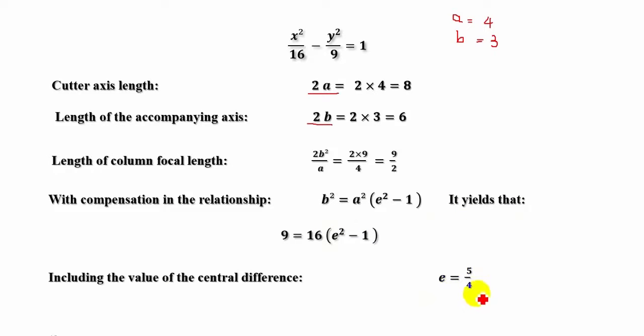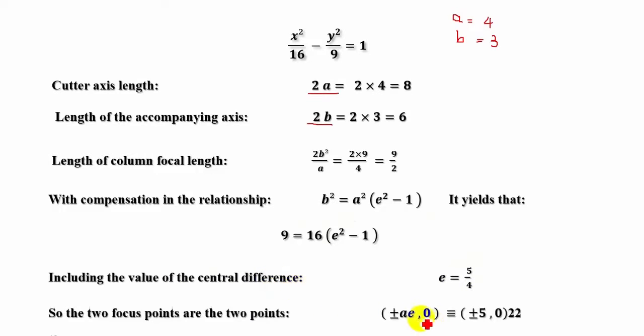So I get 5/4 from here, including the central difference of e. So our focus points are 2 points, plus or minus ae. So it will be 5 and 0. Okay.